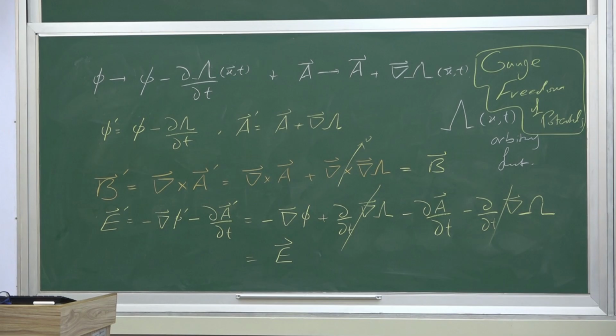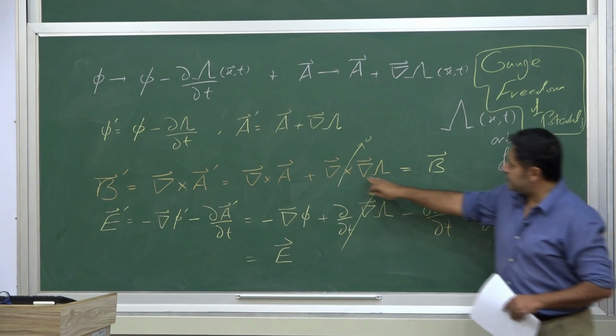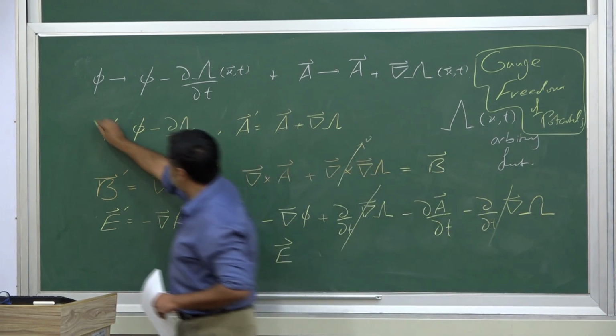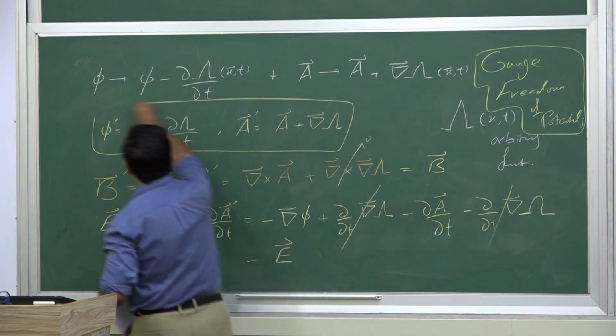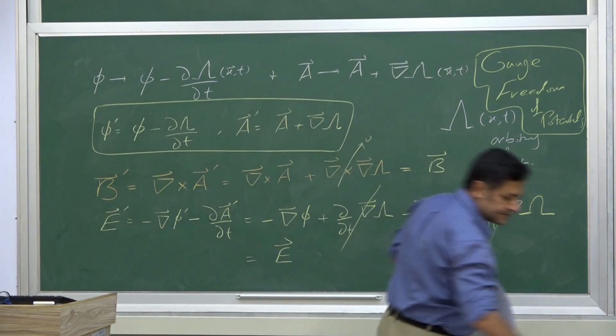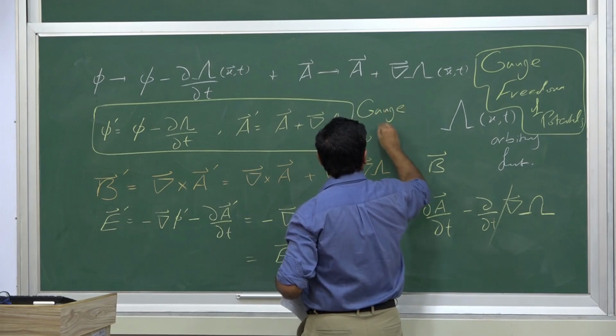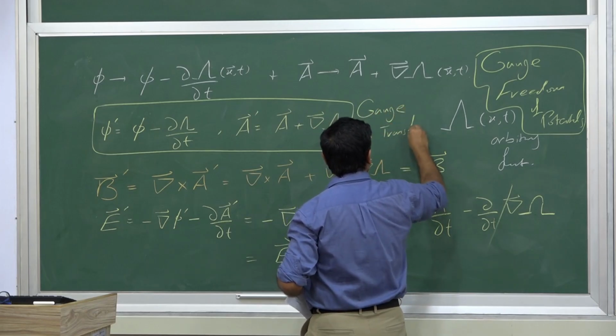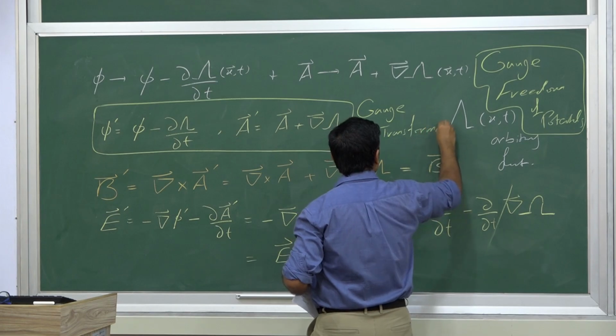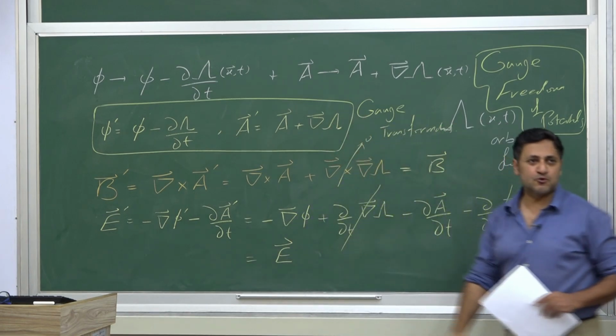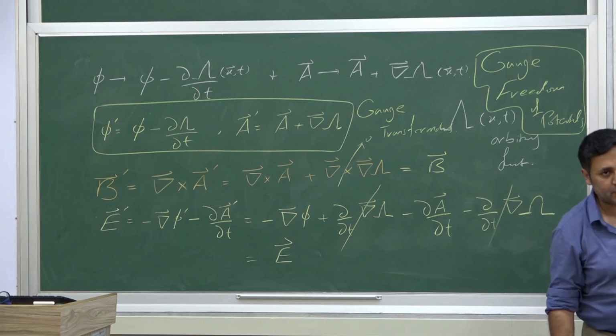So what is the freedom? That if I shift my potentials by this kind of transformation, these are the gauge transformations. This is the gauge transformation. My physical fields do not depend on the gauge choice.